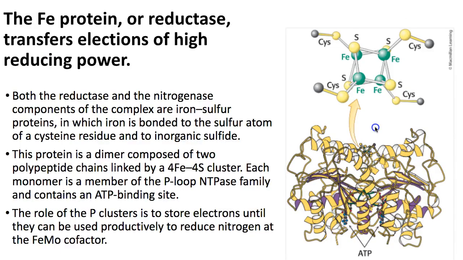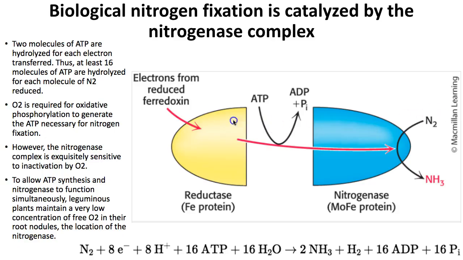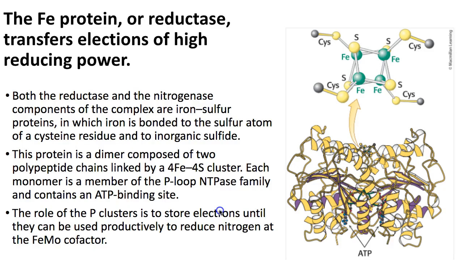Looking at this reductase protein, the one that's yellow to the left, also called the iron protein, you can see in the structure the green ball is iron, yellow is sulfur, and then we have a representation of an amino acid residue, which is cysteine.